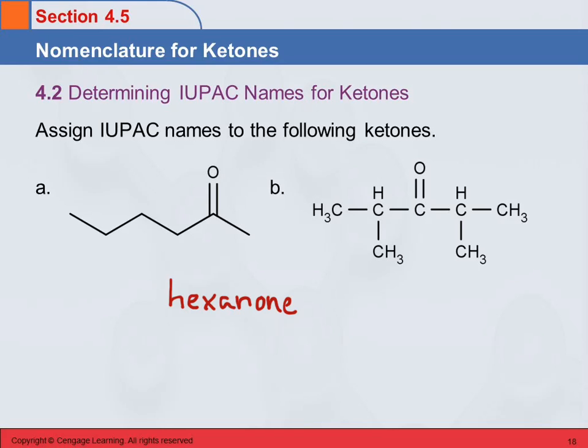Hexane becomes hexanone. And then we have to indicate where it is. So numbering it for the lowest would be 1, 2, 3, 4, 5, 6. So this is 2-hexanone. Any questions?